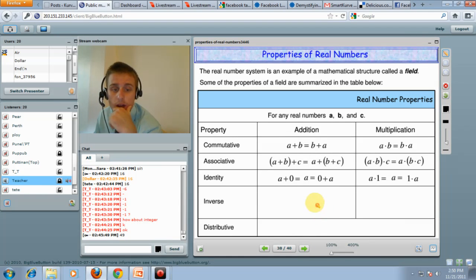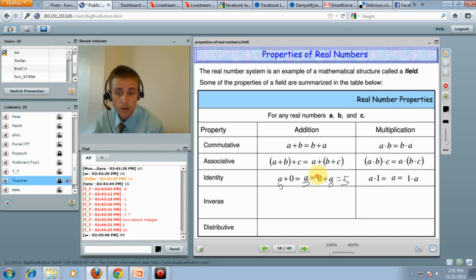Identity. A plus 0 equals A equals 0 plus A. When you add nothing to either side, you can change the order of the 0 being added. It does not change the answer. If A is 5, so say A equals 5, 5 plus 0 equals 5, 0 plus 5 equals 5.